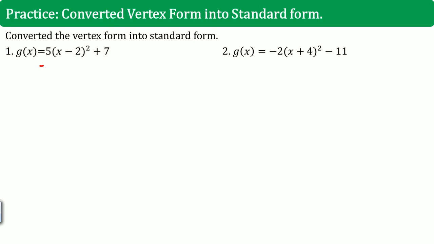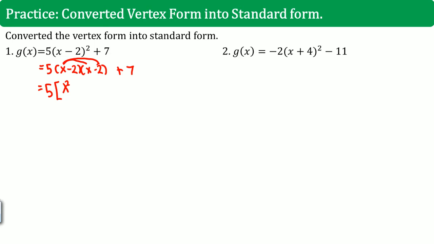So the 5 is going to be multiplied by expanding the (x minus 2) out because it was squared. So it becomes 5 times (x minus 2) parentheses and (x minus 2) parentheses plus 7. I'm going to take care of the inside first. So x times x becomes x squared.